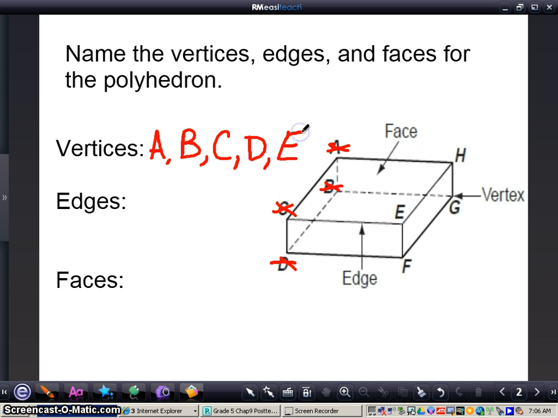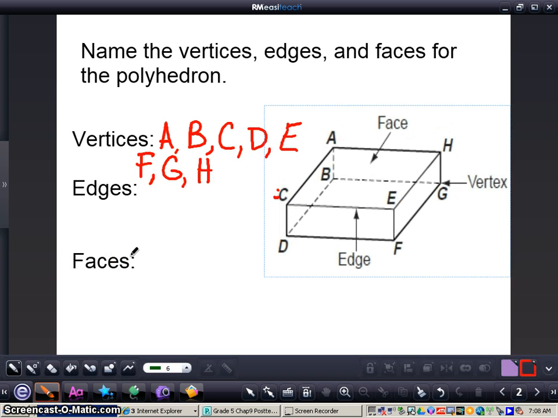E, and it's important to cross these out, because if you don't, you'll start to get a little confused and then you may miss some. F, G, you can see this is pretty simple. I'm just crossing these out and naming all the vertices within this polyhedron. And finally H. So that is how you label the vertices within a polyhedron.